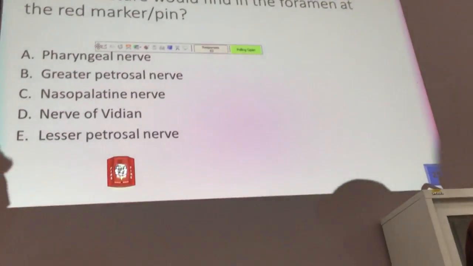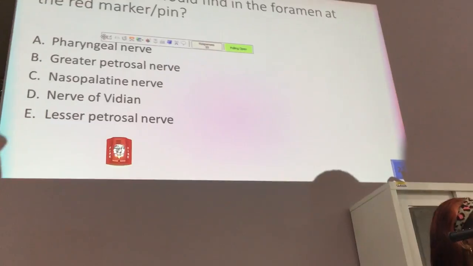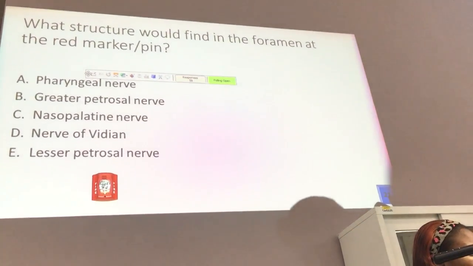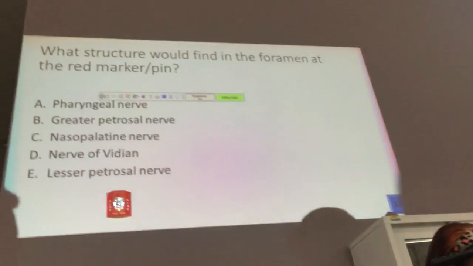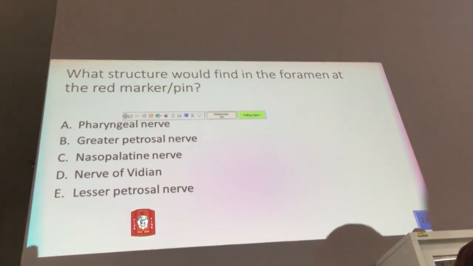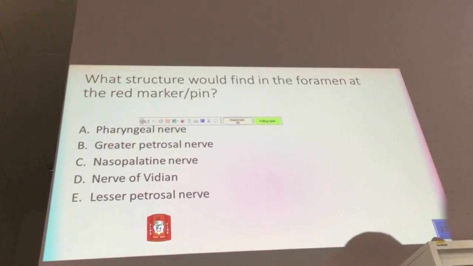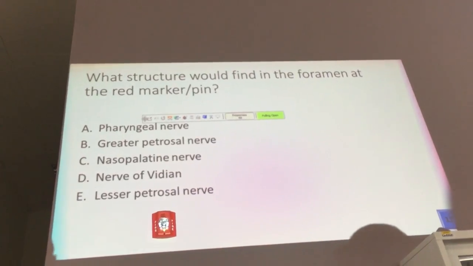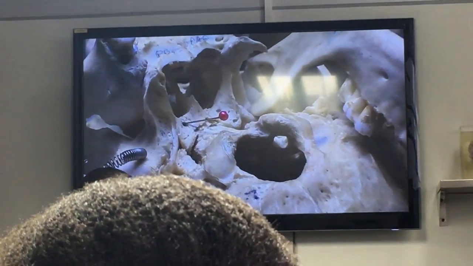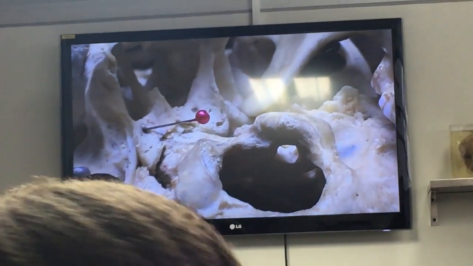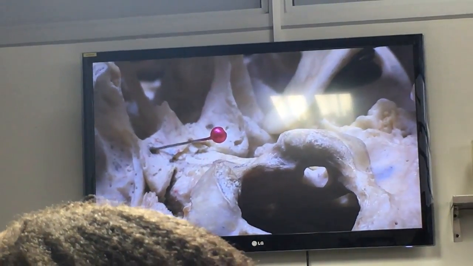Everybody can see it quite well? Okay, that's much better.